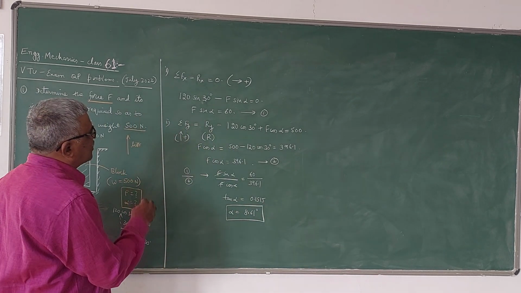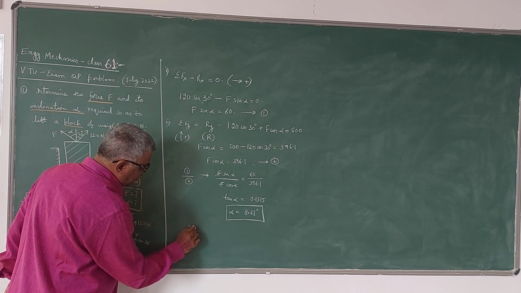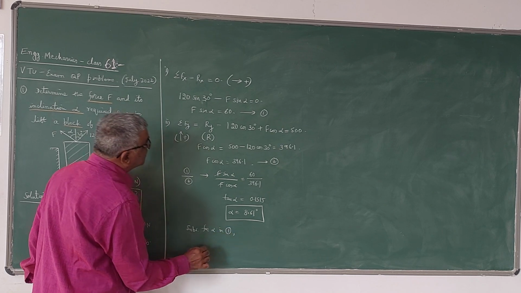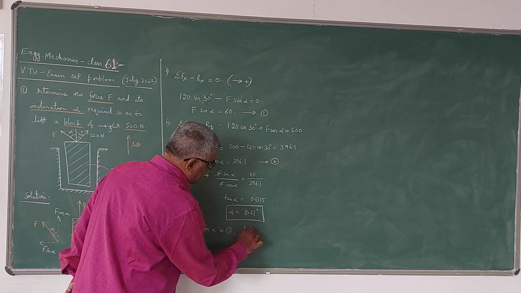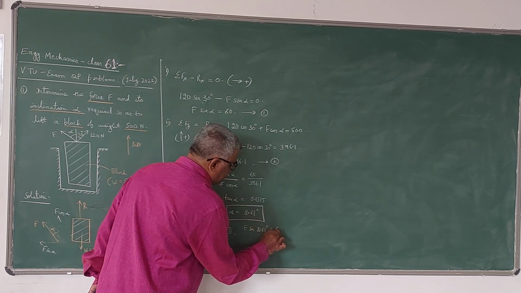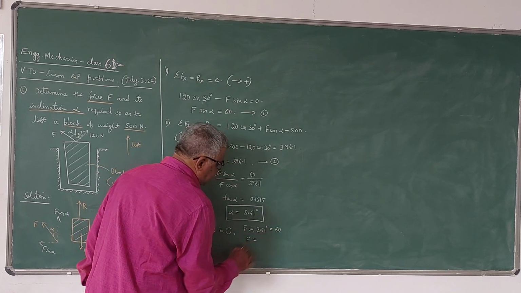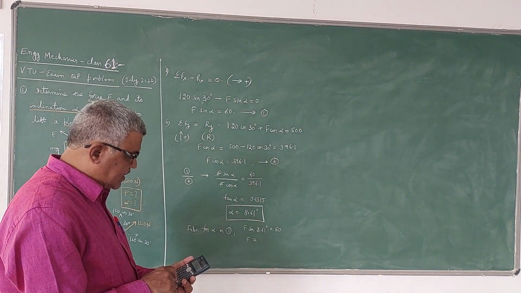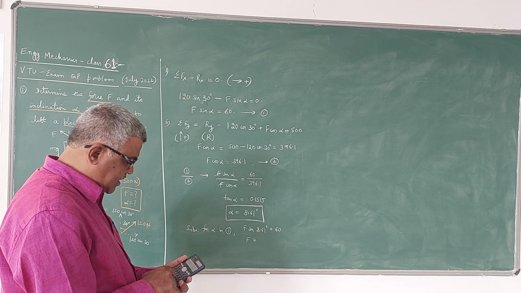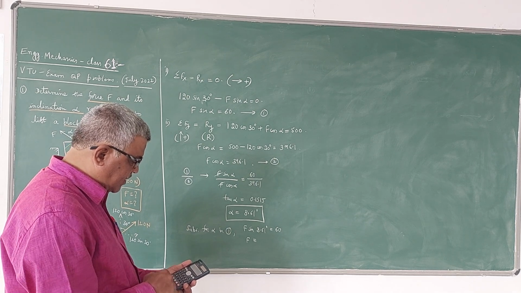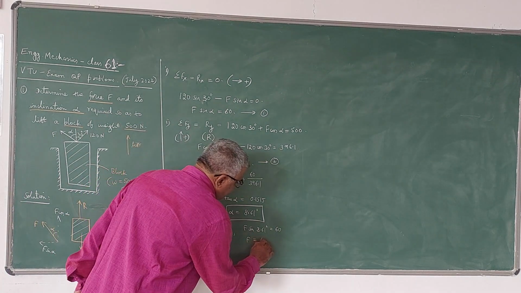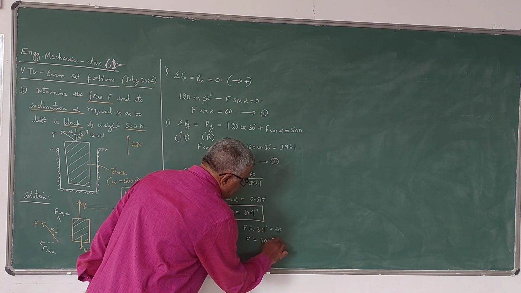If you want to find the value of F, substitute for alpha in one of the equations. I will take the first equation. F into sin 8.61 degrees is equal to 60, or you can write F as 60 divided by sin 8.61 degrees, which is 400.78 Newtons.